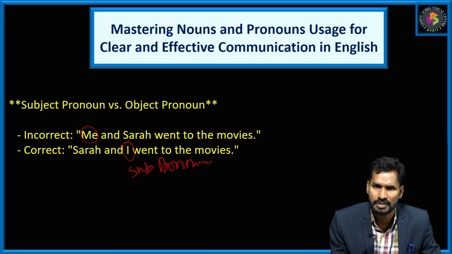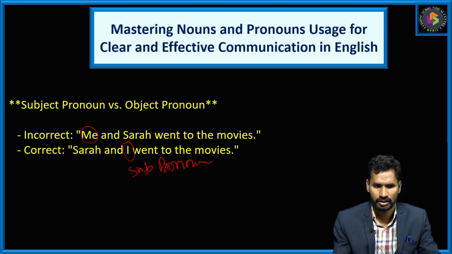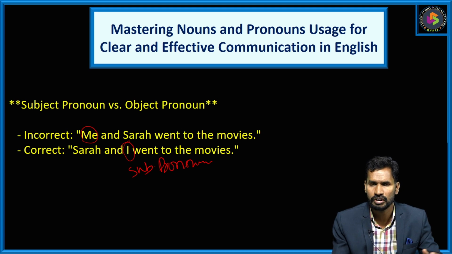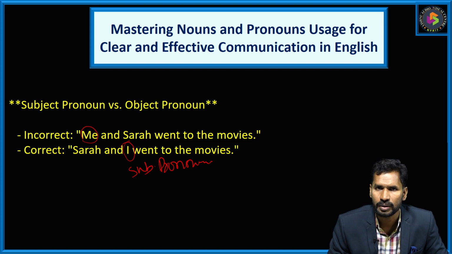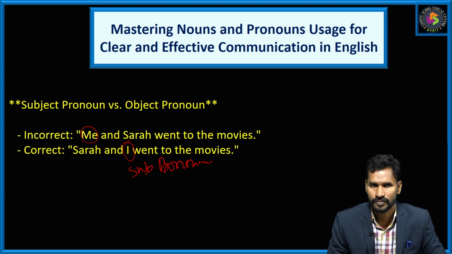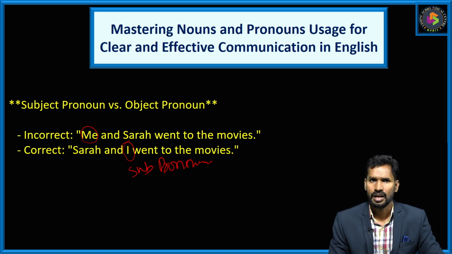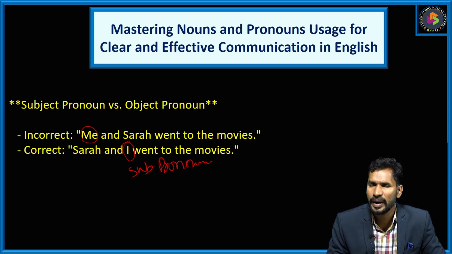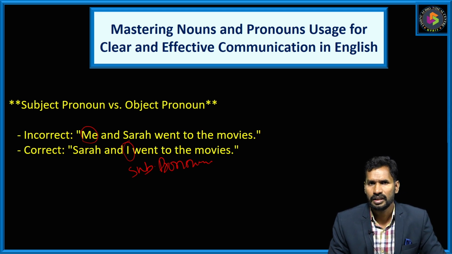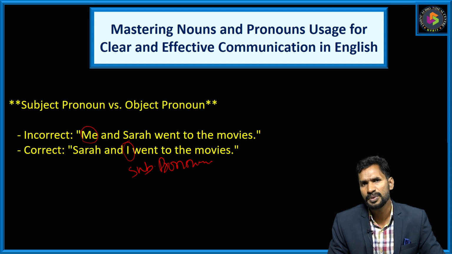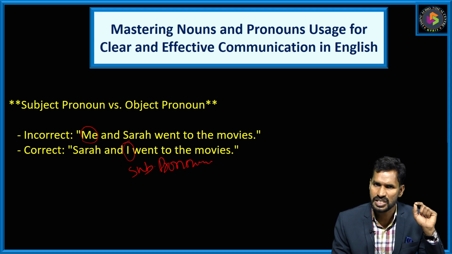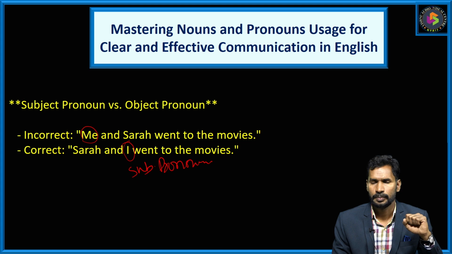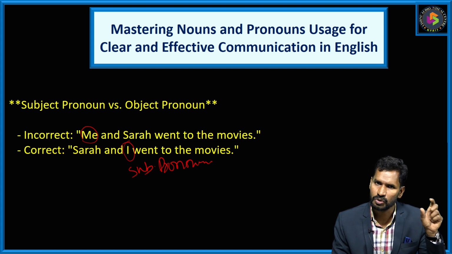For example, if it is something with a negative connotation or a negative context, "I and Sarah were punished." Okay. "I and Sarah made that mistake." Here you are keeping yourself as the first person because it is a negative context.